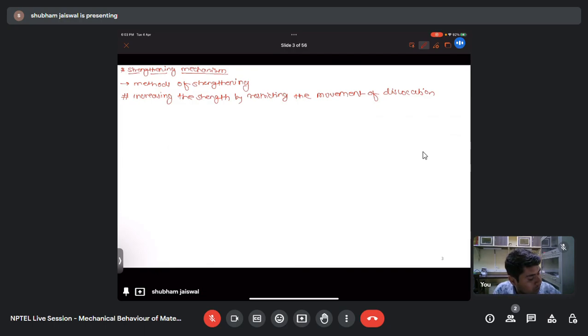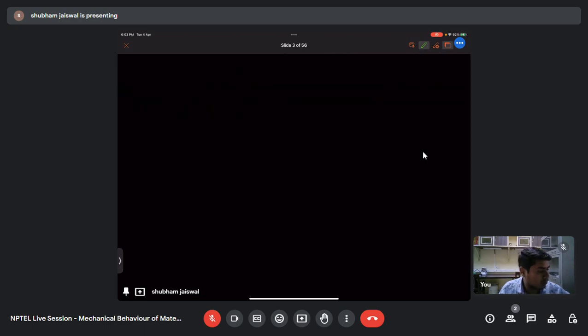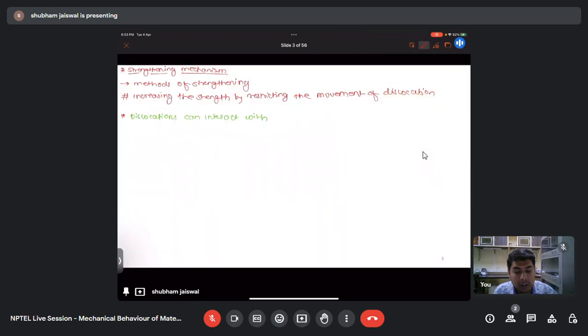The dislocations can interact in one way with other dislocations, and this mechanism is also known as strain hardening or work hardening.